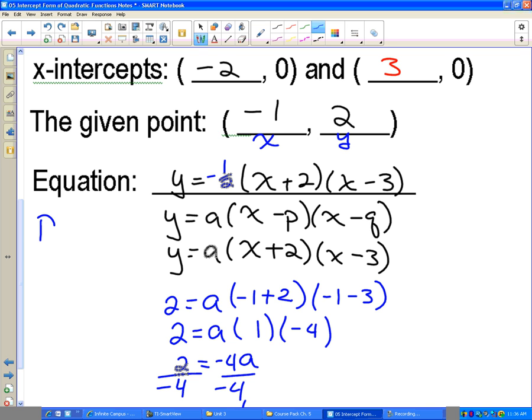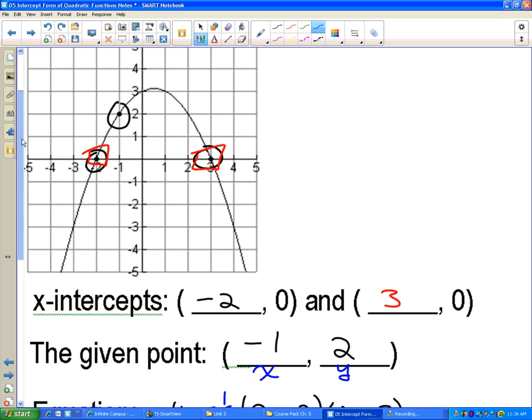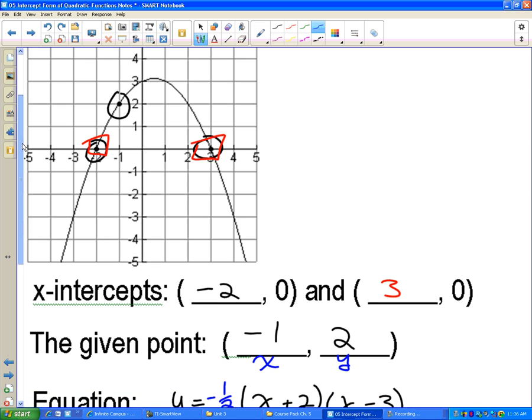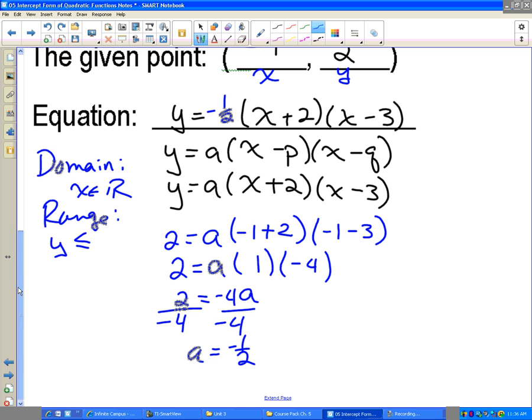My domain, x is an element of all real numbers. My range, y is less than or equal to, since it's facing down, the y coordinate of my vertex. So the y coordinate of my vertex was, well, I never found my vertex. So at this point, I'm not going to worry about it too much. Could I find it? Yeah.